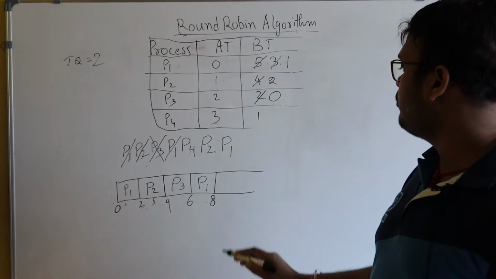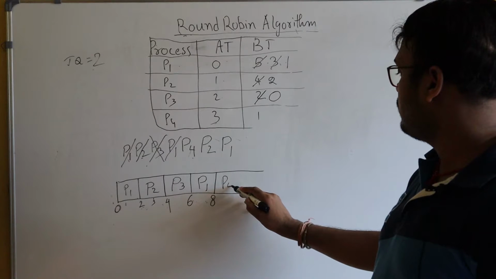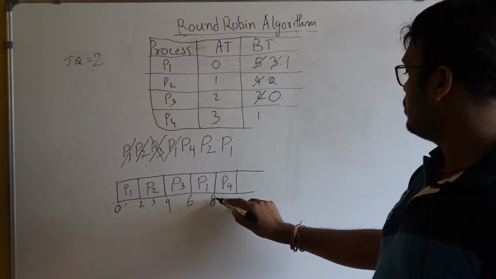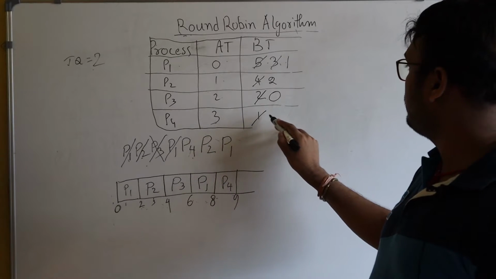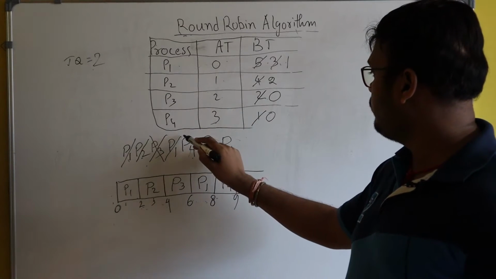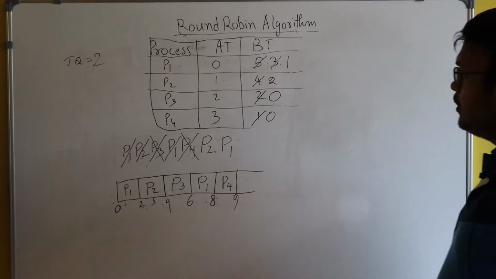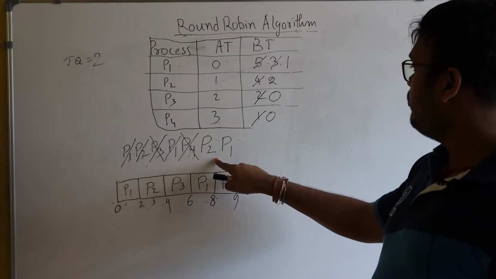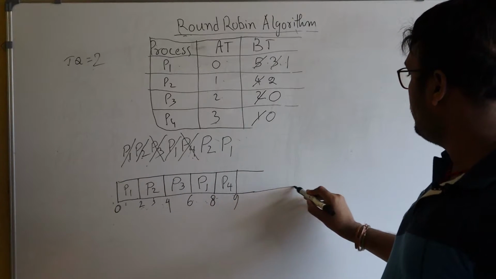So P4 will run for 1 second and its task is over. So 8 to 9, P4 will run and P4 is done. So here I will remove P4. Okay. Now after P4 again we have P2. So here I will write P2.